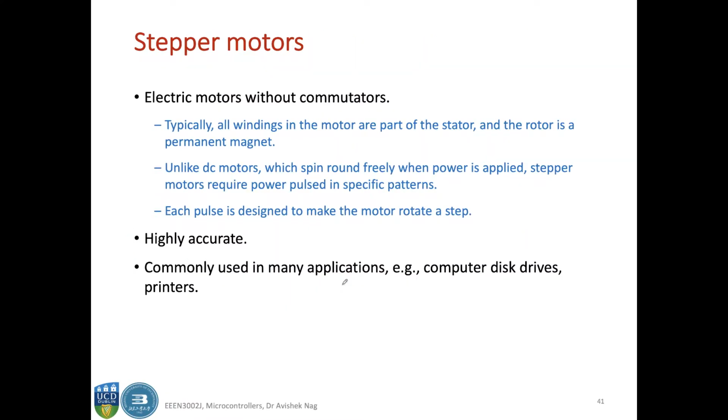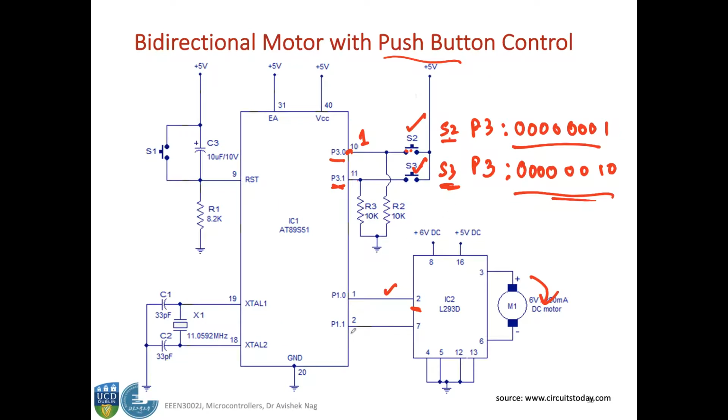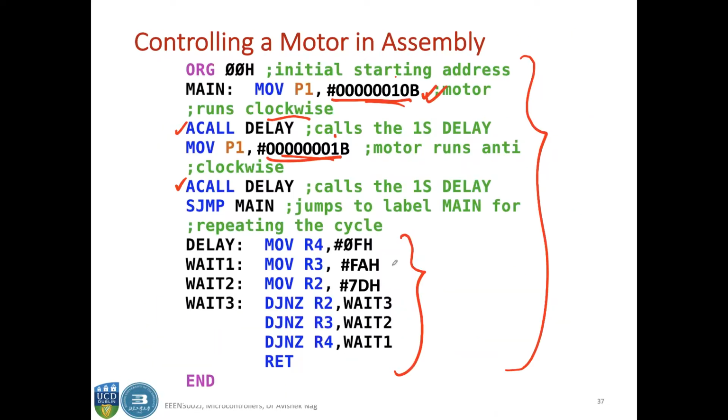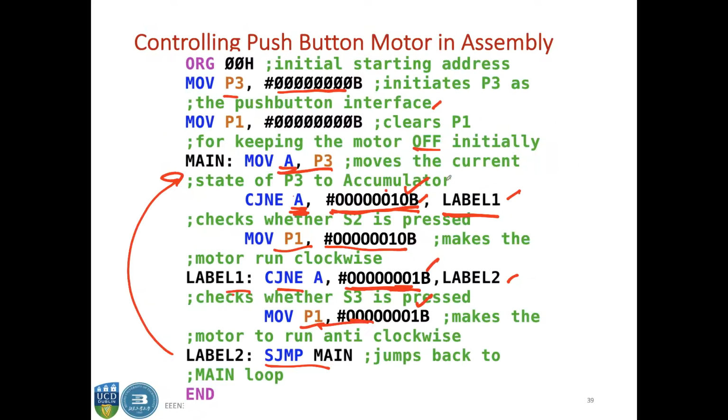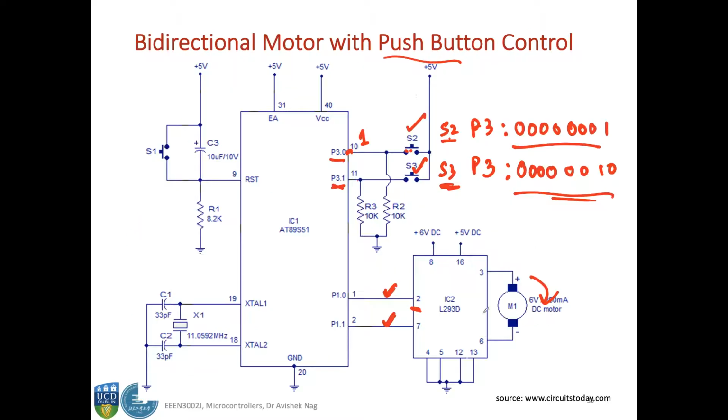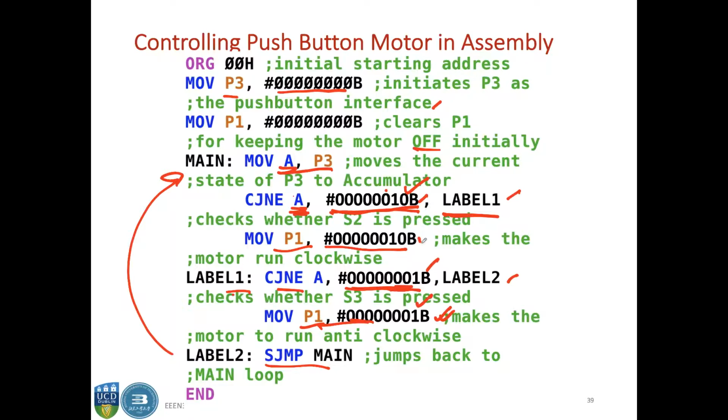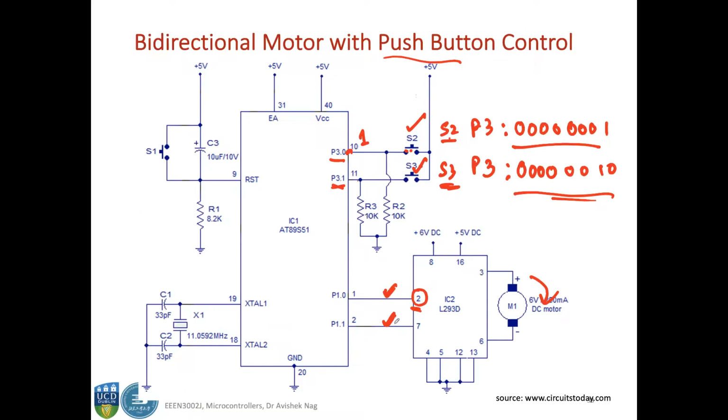So for this number your input 2 is activated, and for this number your input 7 is activated.